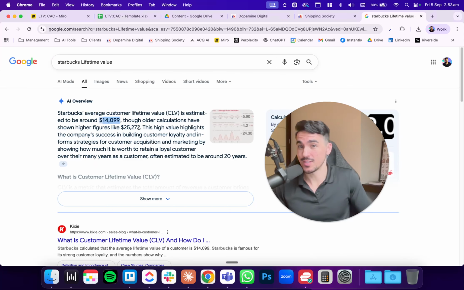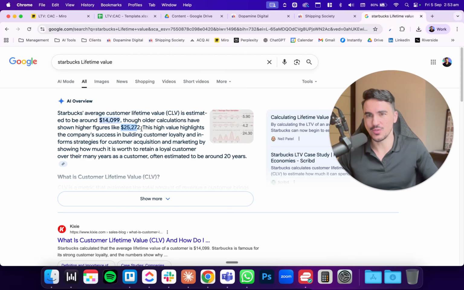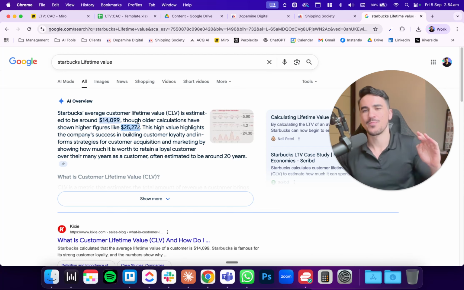$14,000, although some calculations show $25,000. So what that means is Starbucks can essentially afford to spend $24,000 or $25,000 to acquire a customer. Not exactly, but in theory, they can spend that much money to acquire one customer.